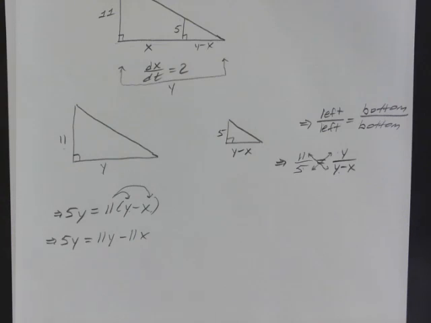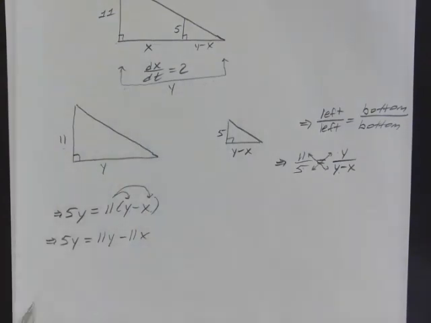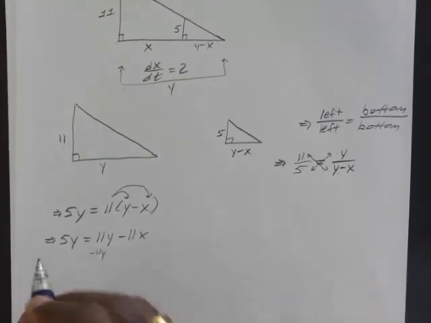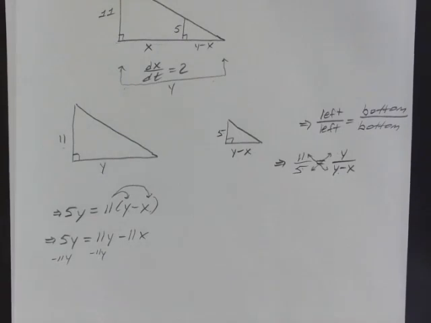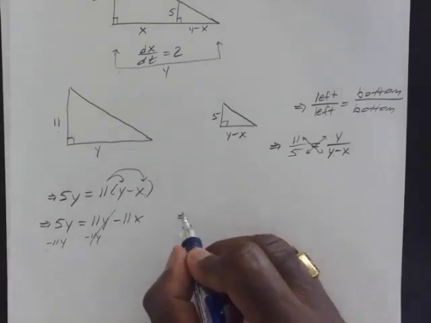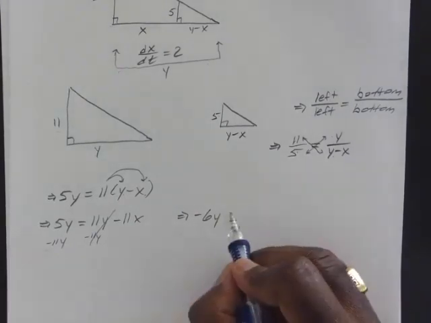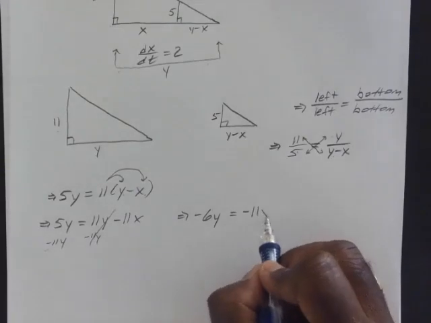Now, since we're looking for the rate of change of y, we have to find a y equation to use. That's why we had to go through all of this. So we want to isolate our y. So we subtract 11y from both sides. These two cancel each other out. So we have 5y minus 11y, which is negative 6y, is equal to negative 11x.